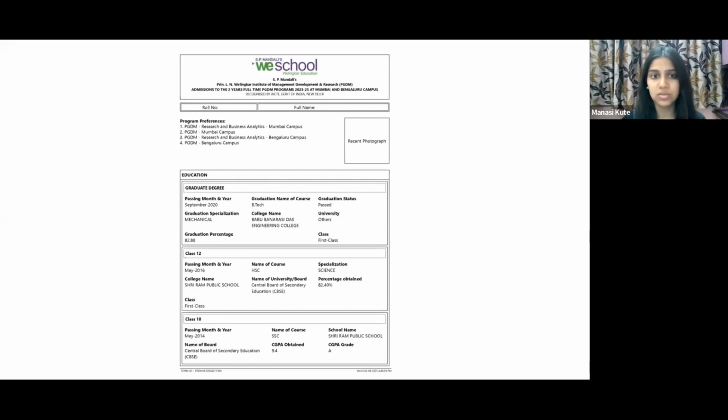You must have seen the previous slide also, or Swapnil sir might be able to explain it in a better way. For every program, be it RBA, rural, or normal PGDM, the average is different, but almost everywhere it's above 11. Okay, thank you. That's all.